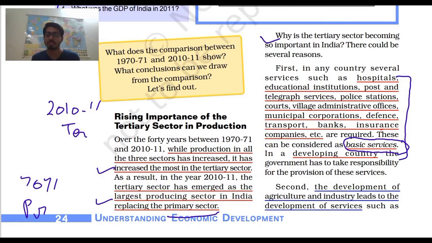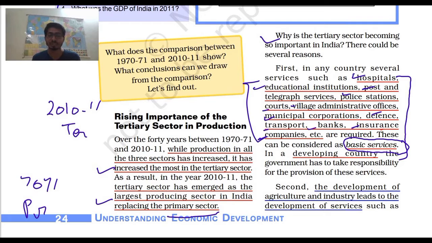What are these services? Like hospitals, educational institutes, post and telegraph services, police stations, courts, village administrative offices, municipal corporation, defense, transport, banks, insurance companies, your LIC, your banking, your ATM, and many more services. These are just a few examples.